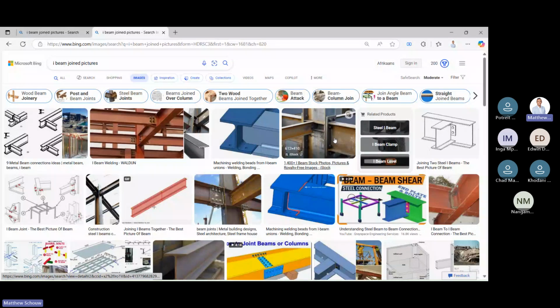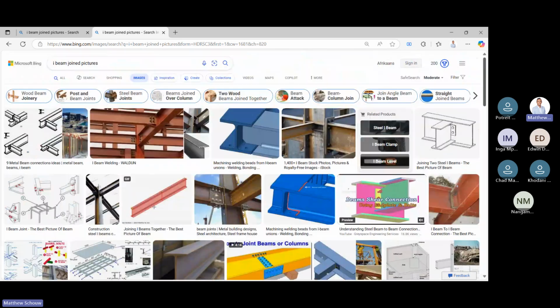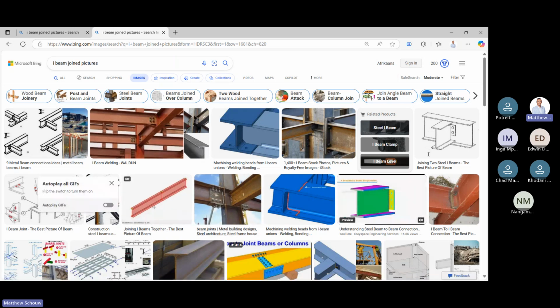What you'll notice is where they tend to join beams. They're very careful about where they join beams. When they do the design, they want to join it as close as possible to the neutral axis of the beam, otherwise they have to size bolts differently.